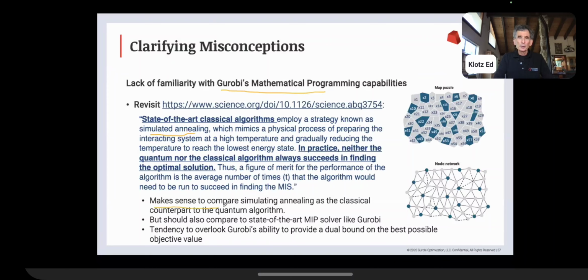Now, it makes sense to compare simulated annealing, at least conceptually, as it's the classical counterpart to the quantum annealer. But you don't want to ignore methods that can handle these problems. So there's a tendency to overlook branch and bound, and in particular also to overlook its ability to provide this dual bound on the best possible objective value.